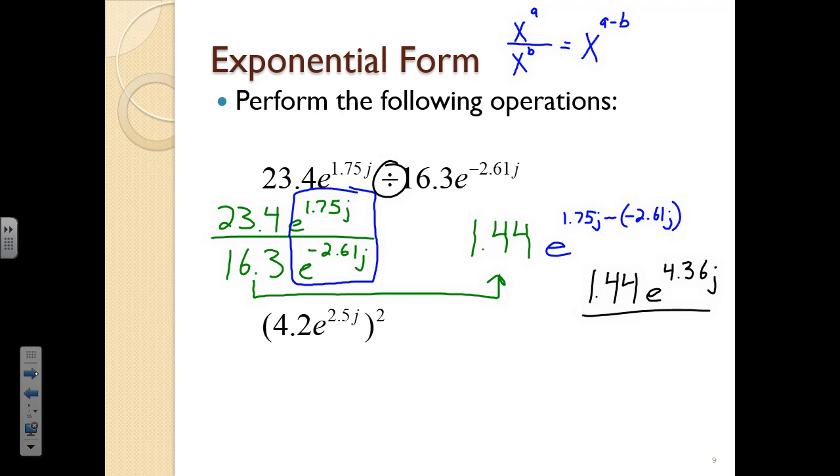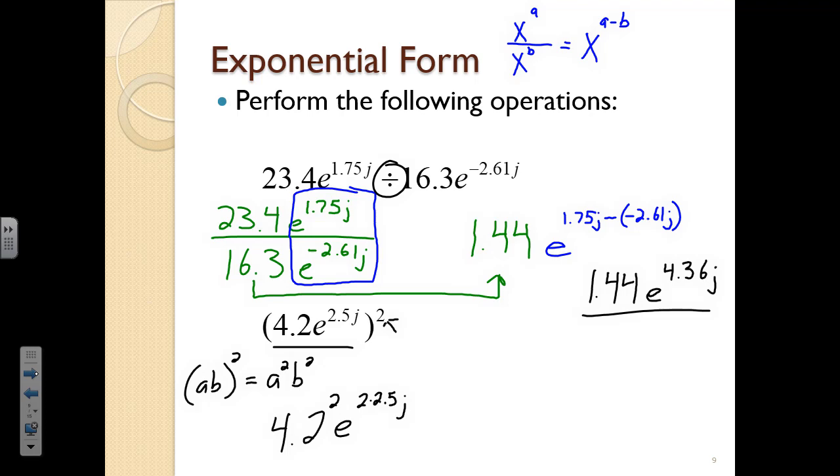What about a number that's in exponential form with an exponent on it? Well, remember, we have a property from exponents that says if you have two things that are raised to the same power, they both can get that power individually. And so 4.2 e to the 2.5j, squared, is going to be the same as 4.2 squared, and e to the 2 times 2.5j, because remember, an exponent raised to an exponent, those get multiplied.